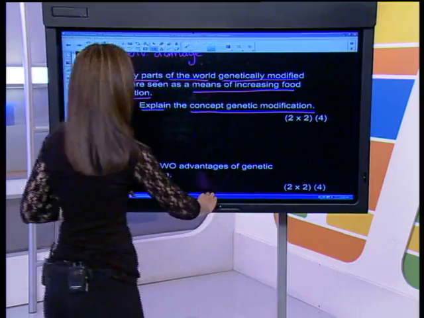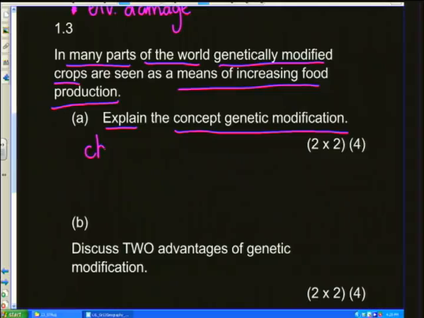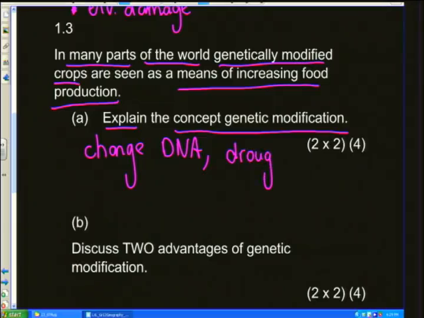So we change the structure of the DNA in the plants. In addition to changing that DNA, we are making them drought resistant or resistant to diseases even. We are also doing it to increase the yield.